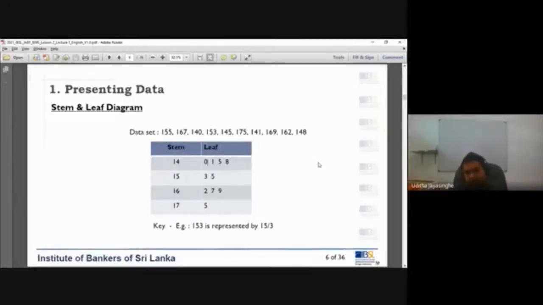So once we do this, this is a first step of summarization when we are coming from an array of data. Rather than trying to look at that rectangular area filled with numbers, here you can forget about the stem and just focus on the leaves and see what sort of a distribution it is all about.